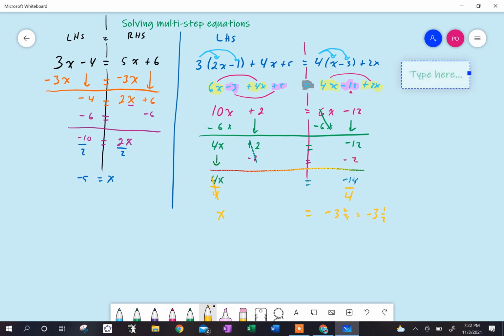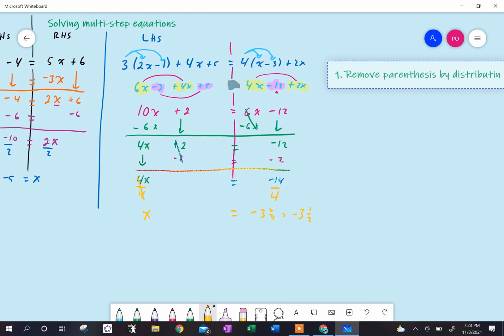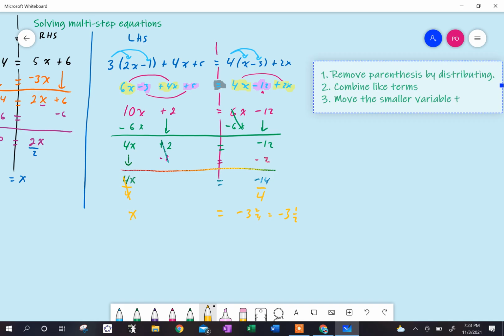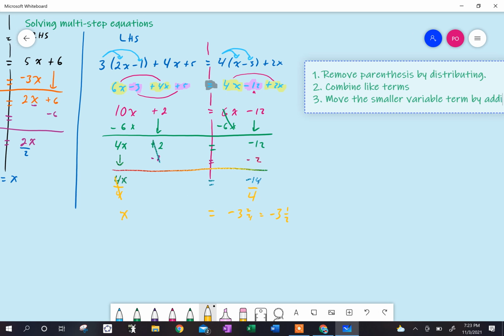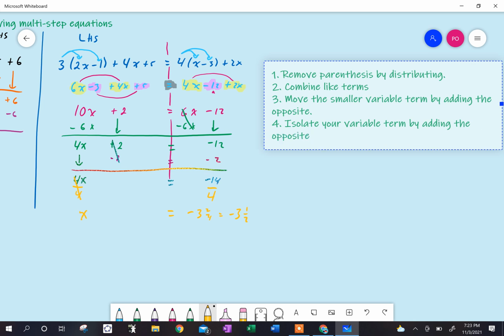Here we go. So, 1, remove parentheses by distributing. 2, combine like terms. 3, move the smaller variable term by adding the opposite. 4, isolate your variable term by adding the opposite of the constant.